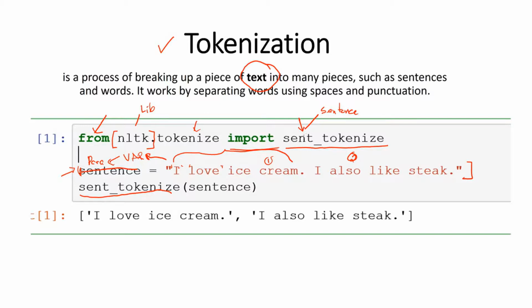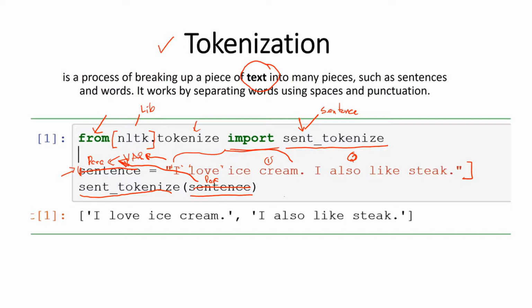this object from NLTK to tokenize what? To tokenize the sentence. Actually, let's change it. We didn't tokenize the sentence, we changed it to a paragraph because we've got a paragraph. So para, right, to tokenize that paragraph. And it did that.